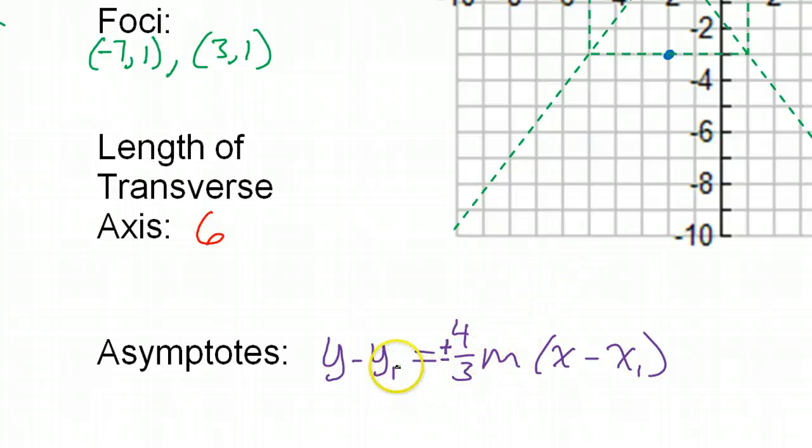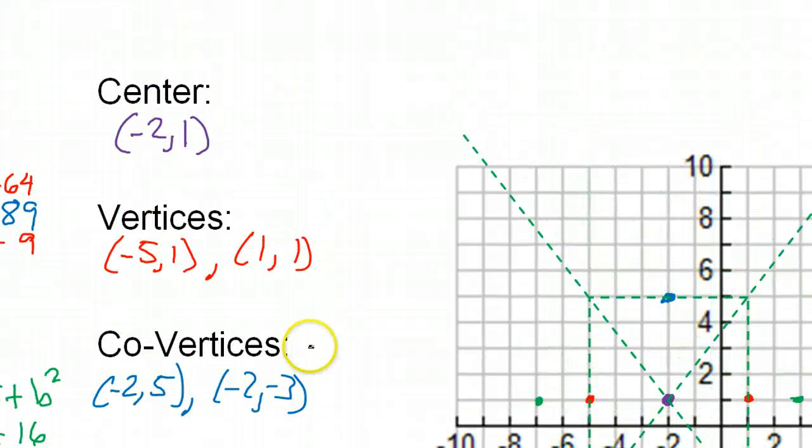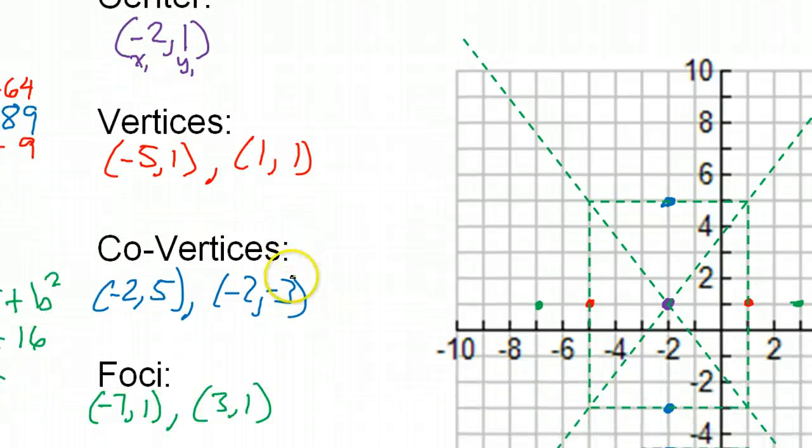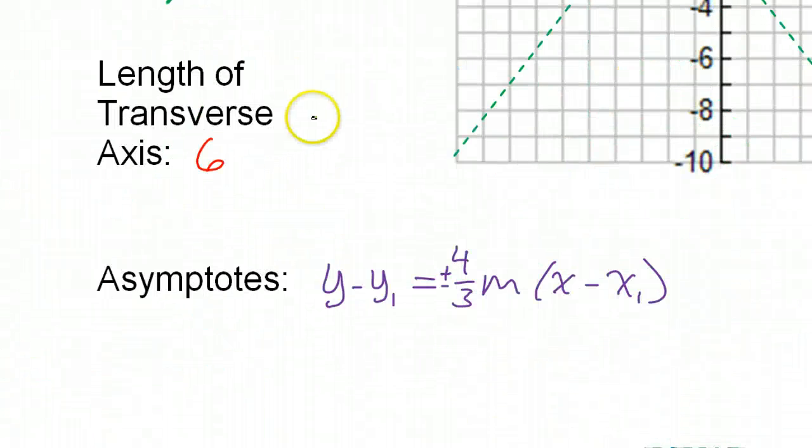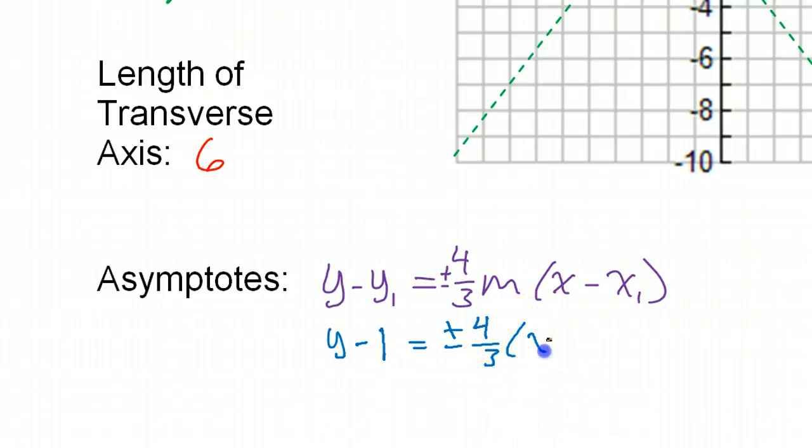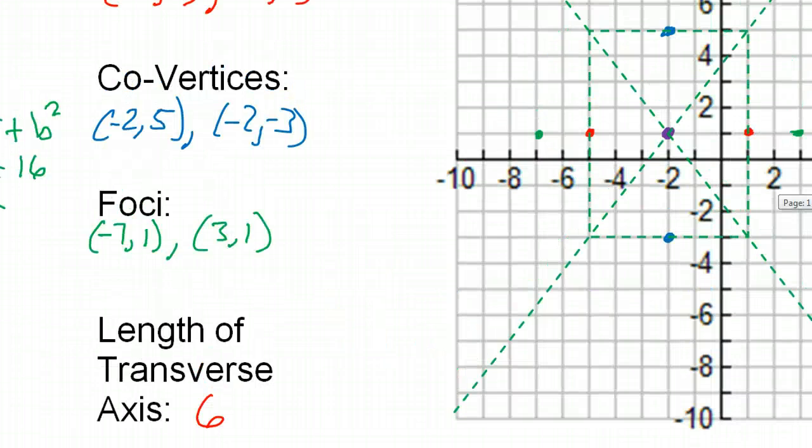Now for the point that we're going to plug in for x1 and y1, I recommend using the center. For your center, let this be x1 and let this be y1. So y1 is 1. So this is going to become y minus 1 is equal to plus or minus 4 over 3 times x minus, now what was that x value?